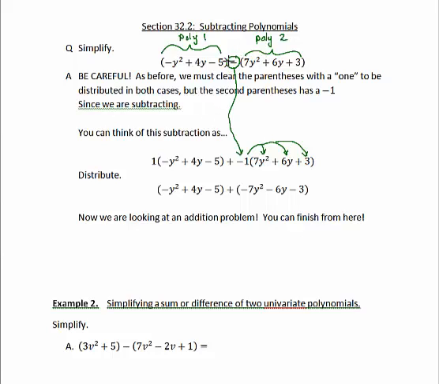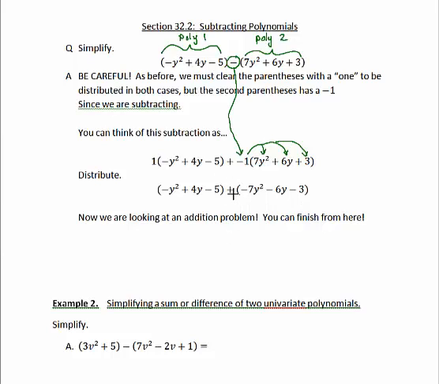So if this is the case, and the same would apply if we had a negative in front of the first set, we distribute a negative 1 throughout the parentheses. So negative 1 times 7, negative 1 times 6, and negative 1 times 3. What that does is it changes the signs of the terms inside.